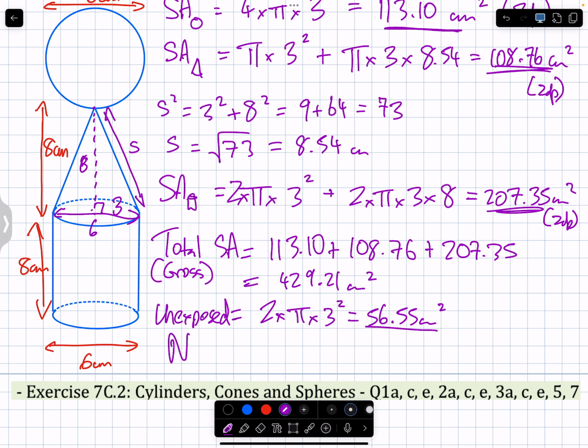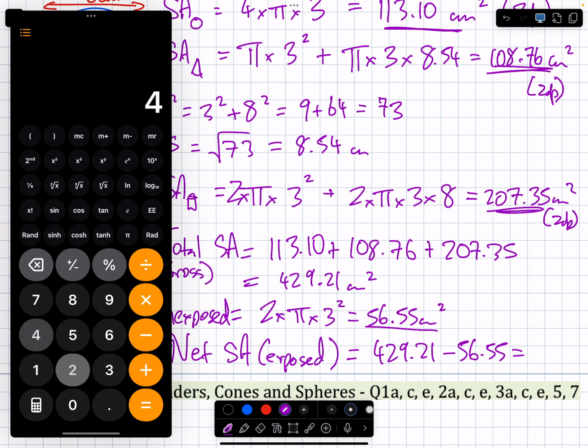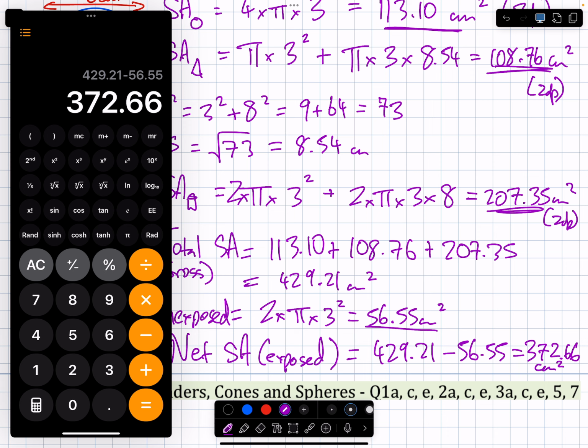So net SA exposed is going to be your 429.21 minus 56.55. 372.66 square centimeters. Okay?